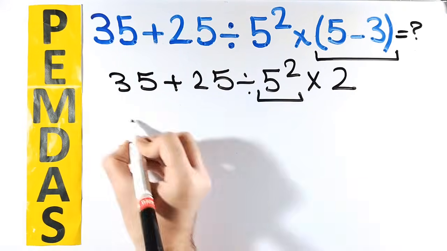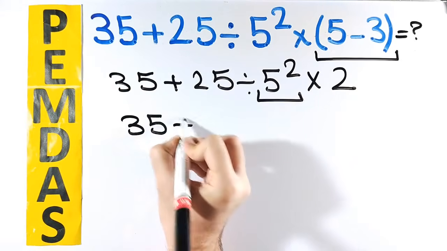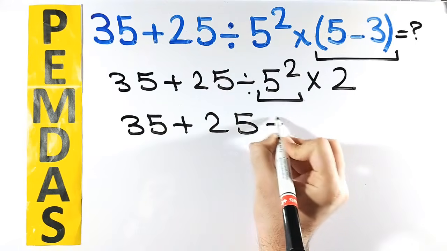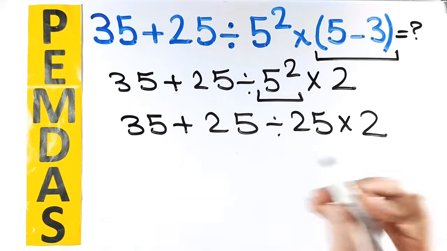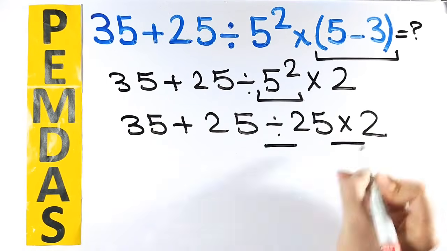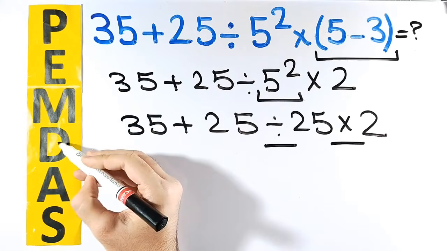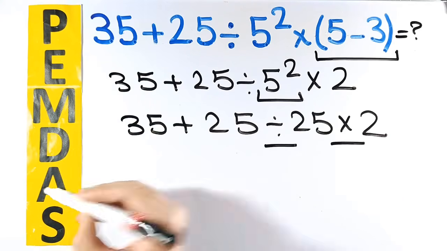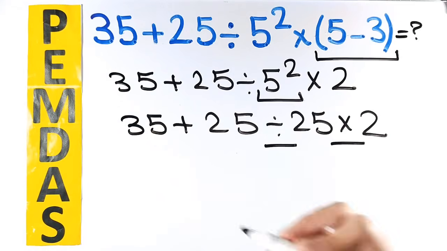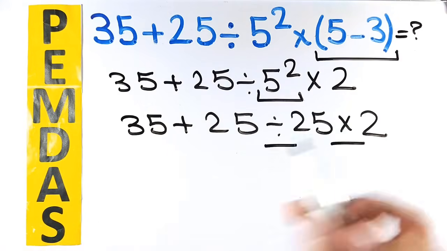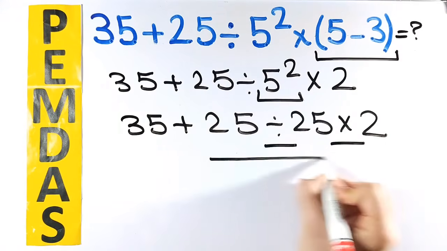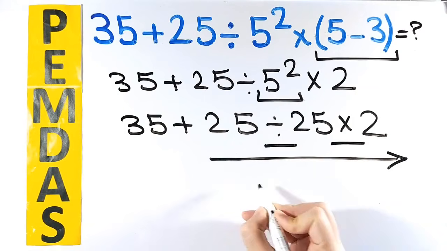So, we rewrite this expression as 35 plus 25 divided by 25 multiplied by 2. Then, we move on to the division and multiplication because multiplication and division have a higher priority than addition. However, we must pay close attention that multiplication and division are at the same level of precedence and we must perform these two operations from left to right.